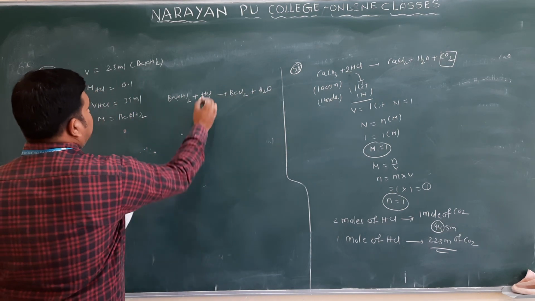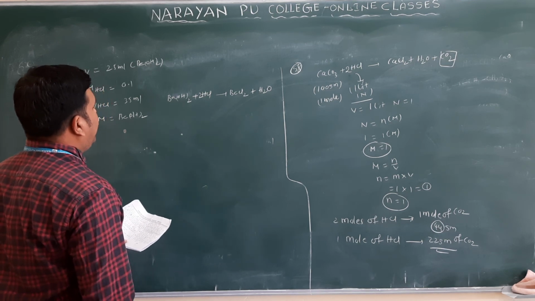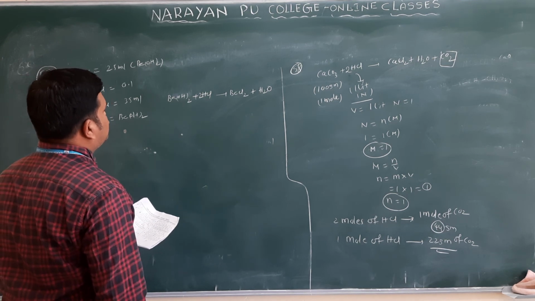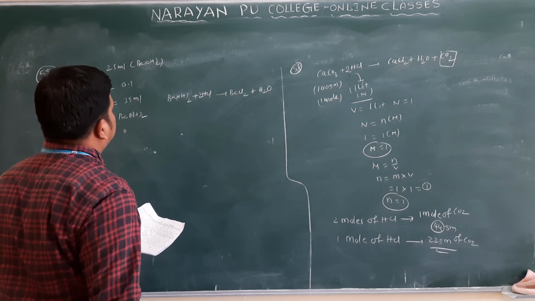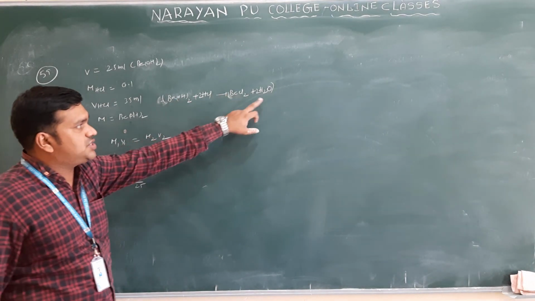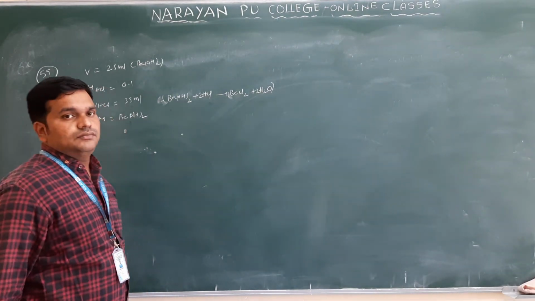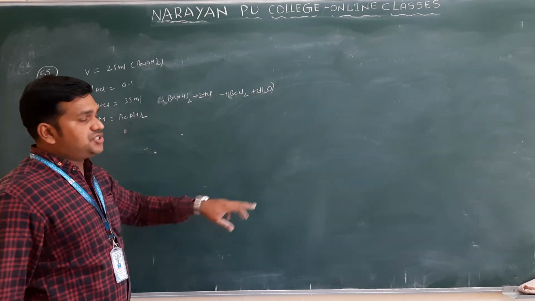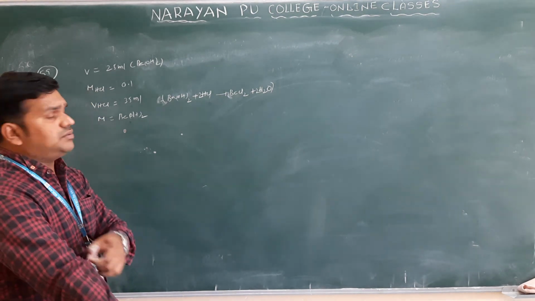How many chlorines are there? 2 chlorines are there, so write 2HCl. So this is the equation: barium hydroxide plus 2HCl is equal to BaCl2 plus 2H2O. This is the balanced equation only.